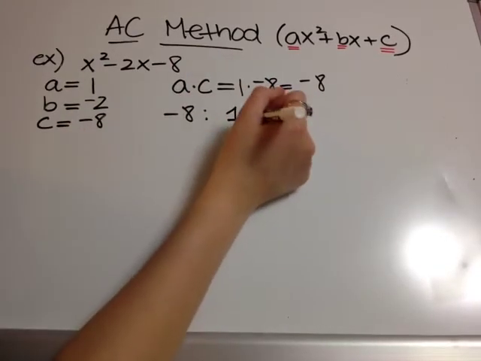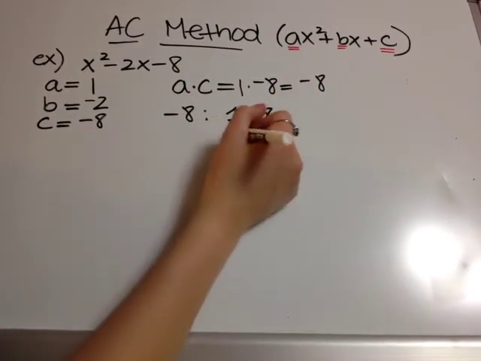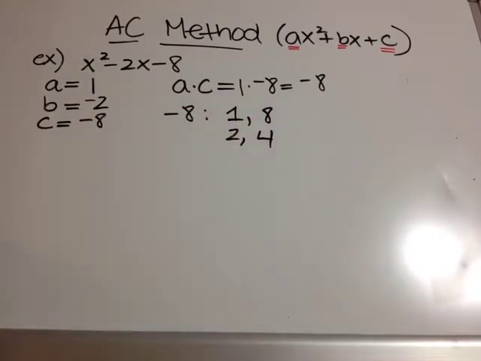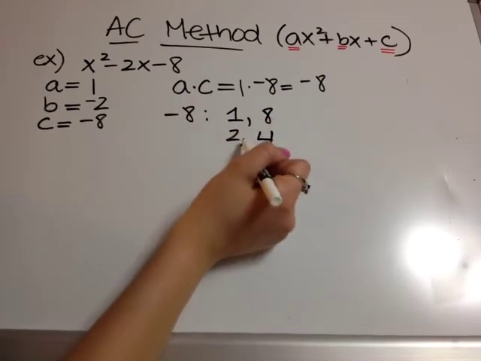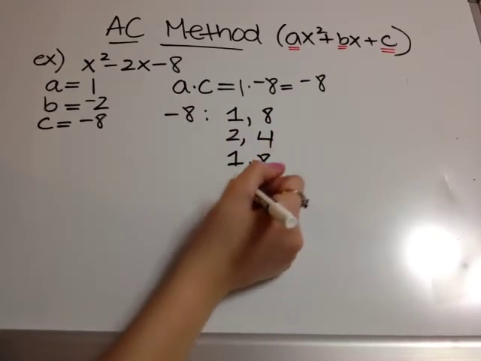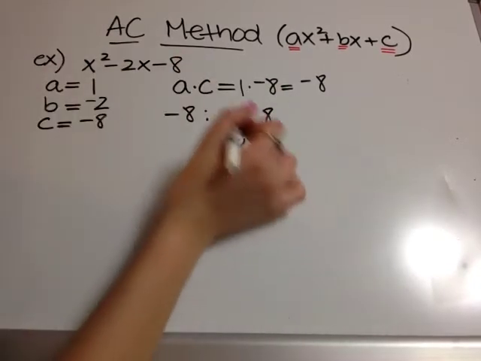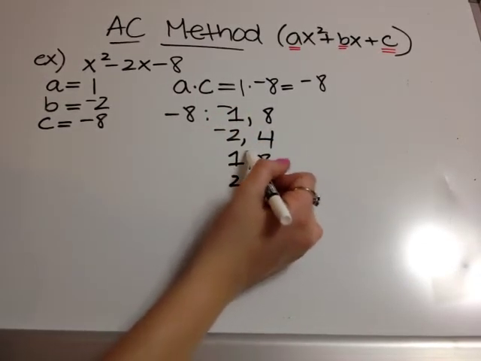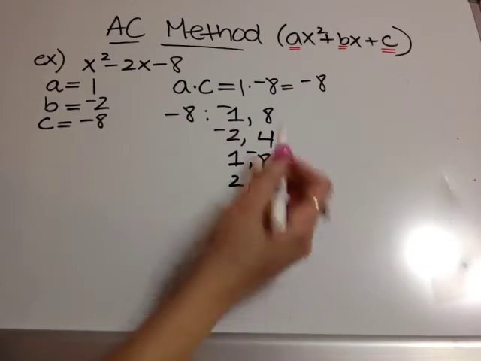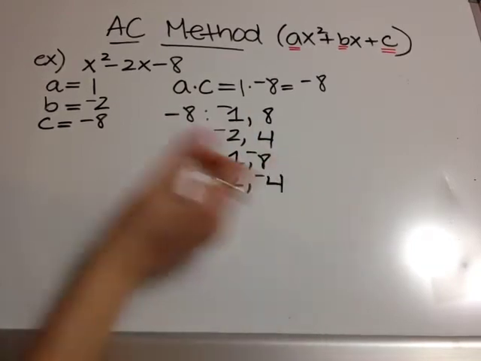So we have 1 and 8, and we also have 2 and 4. But since our number is negative 8, we're going to have twice as many factors. So I'm just going to write them again. We're going to have negative 1 and 8, and negative 2 and 4, but we're also going to have 1 and negative 8, 2 and negative 4, because all of these, when I multiply them, are going to give me negative 8.